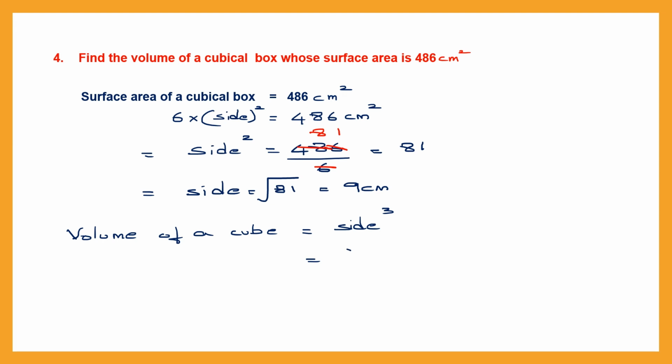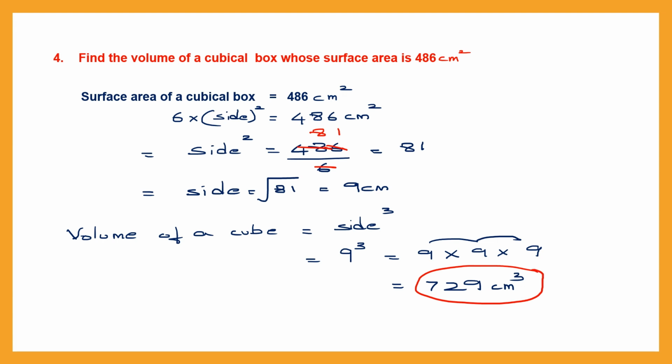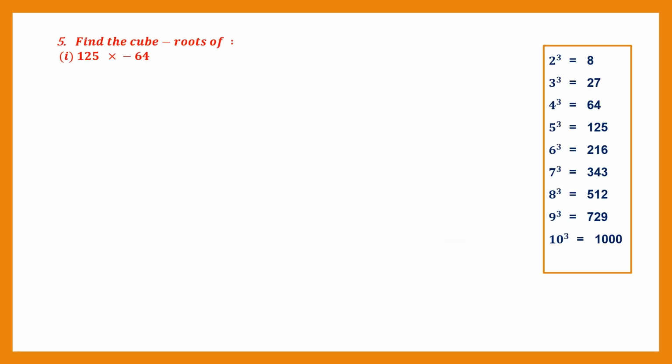So here we have side is 9. 9 cube will be 9 into 9 into 9. 9 nines are 81. 81 into 9 is 729. So 729 centimeter cube. This is our answer and this is the volume of the cubical box. So you can say volume of the cubical box is 729 centimeter cube.